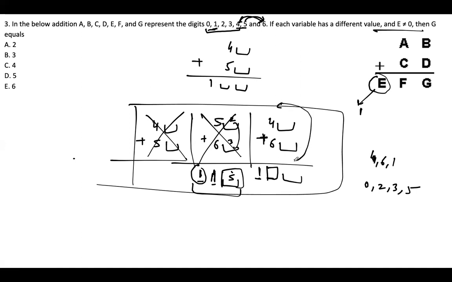No. Okay. So 40s plus 60s is equal to 10-something. So the only possibility is either 42 plus 63 or 43 plus 62. And this will be 5. So what is the value of G? 5. This is how you should go for these kind of questions.